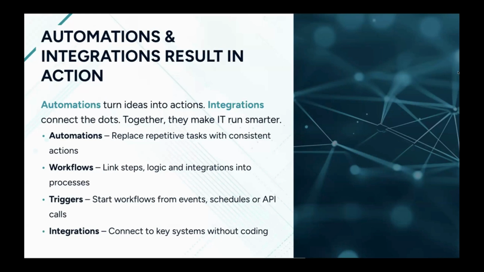First, there are really three components to an automation: triggers, integrations, and workflows. Triggers are how we make workflows responsive. They can start from a real-time event, run on a schedule, be kicked off manually, or even via external API, right? And then the integration, I think that's really where the magic is.